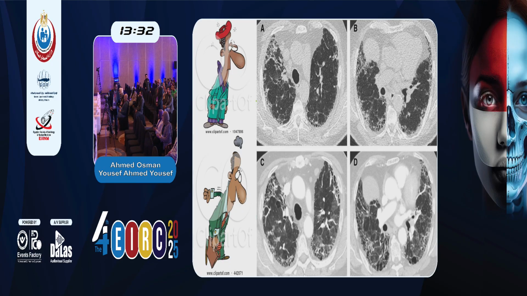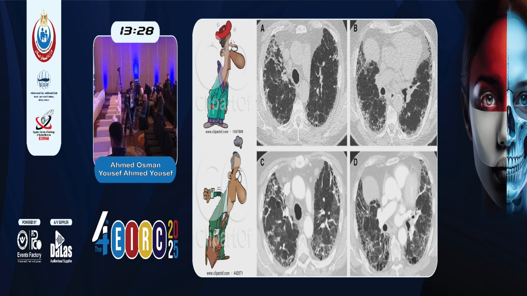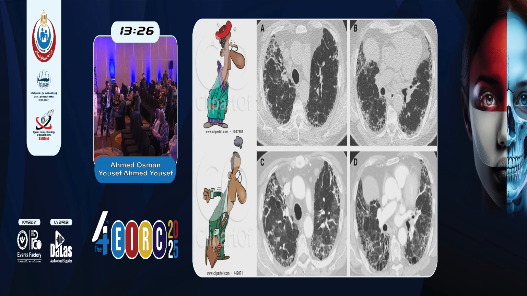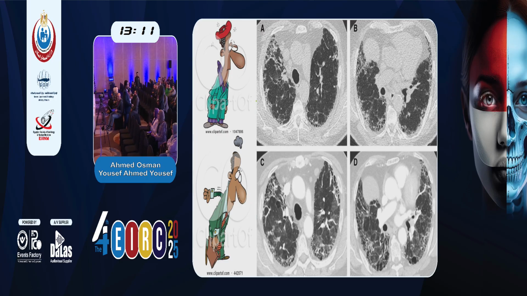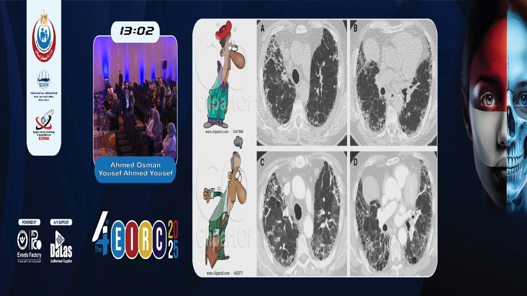Ground glass likes viral infection. Okay. If the patient is not febrile and not symptomatic, what's your explanation of the ground glass? Maybe he is complaining of an increasing degree of dyspnea.